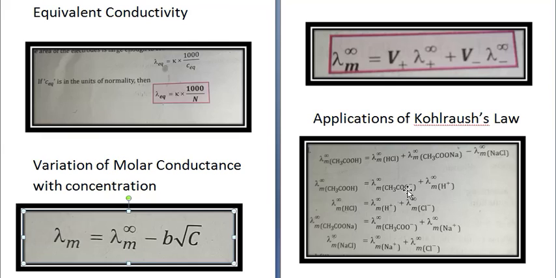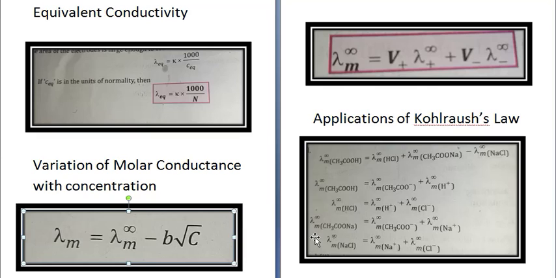Okay, the desired equation is lambda m infinity of acetic acid is equal to lambda m infinity of CH3COO minus plus lambda m infinity of H plus. Then lambda m infinity of HCl is equal to lambda m H plus infinity plus lambda m infinity of Cl minus.